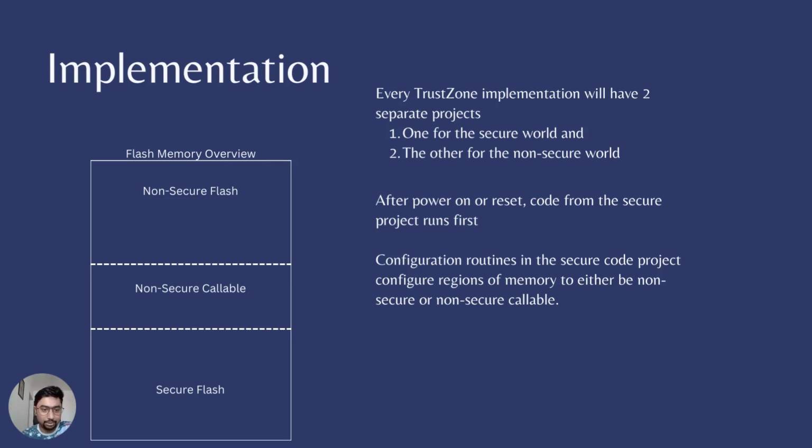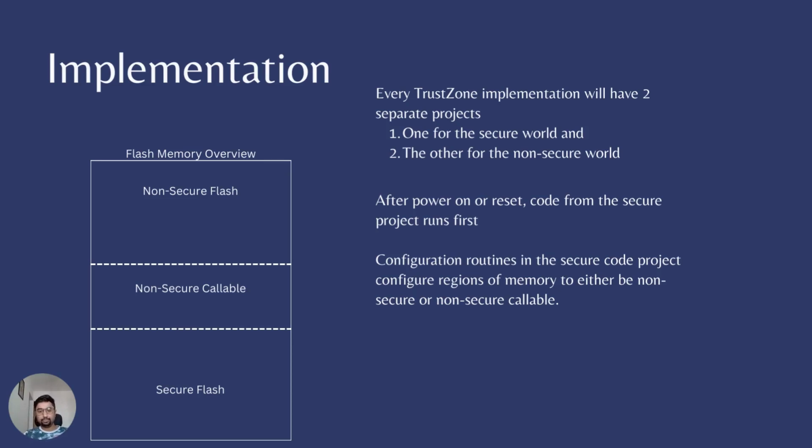That routine will be responsible for initializing the flash memory to be non-secure callable and non-secure flash, and for defining the peripherals which we want to be accessible or non-secure, and the same is the case with the RAM.